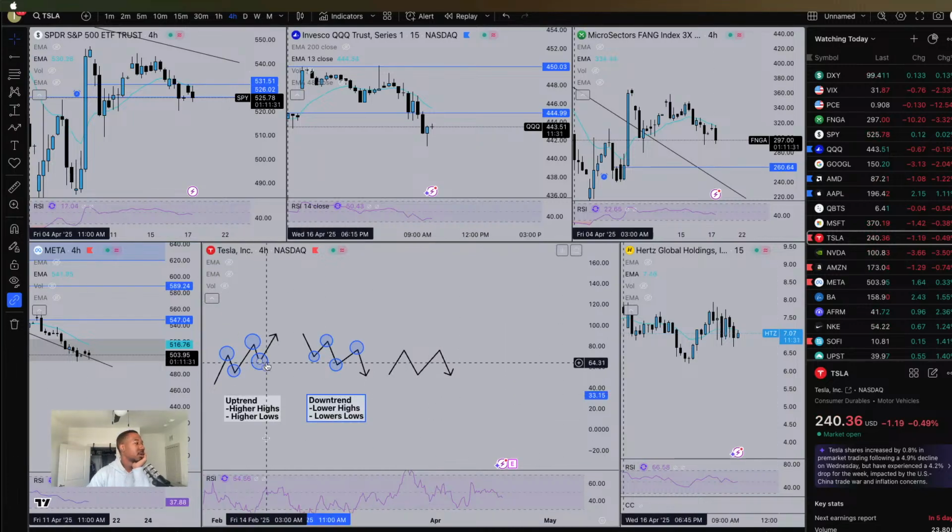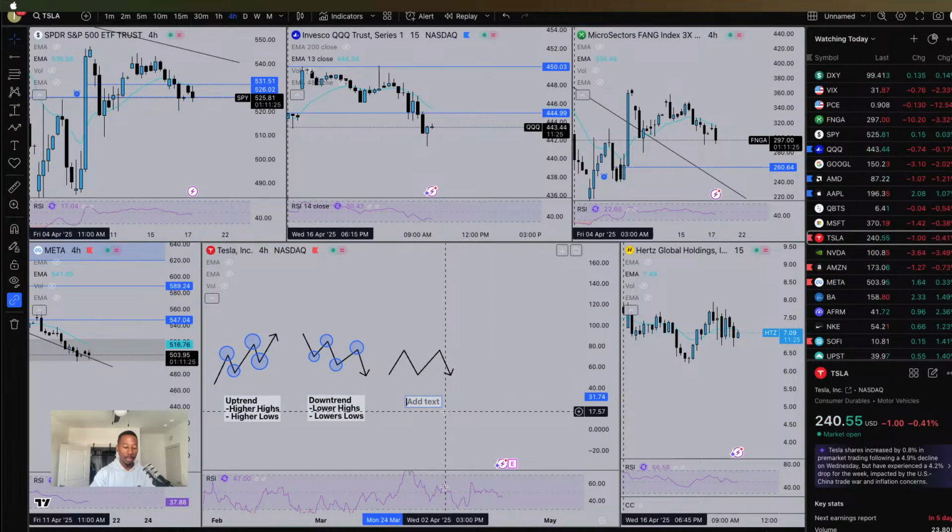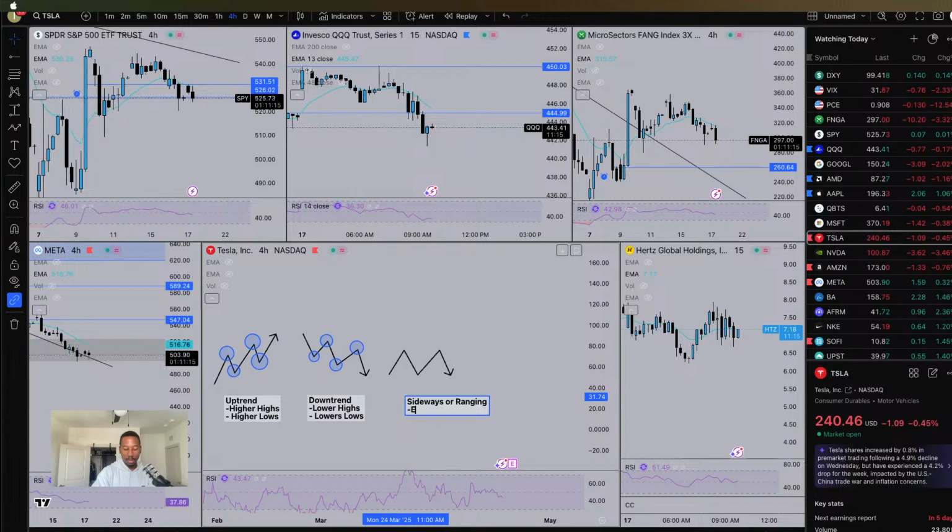But yeah, right here the next trend we have, I would either call this sideways or ranging. What it's going to be is equal highs and equal lows.